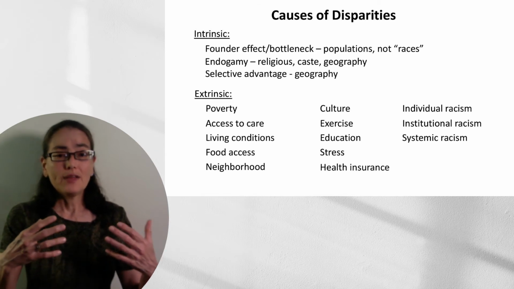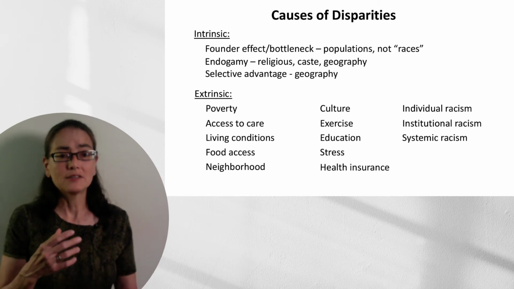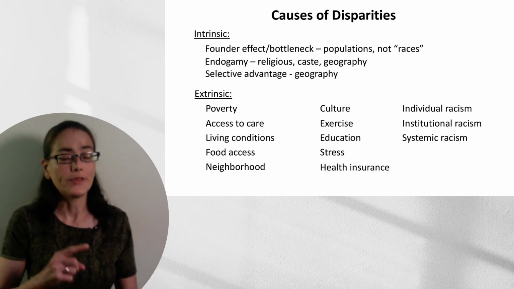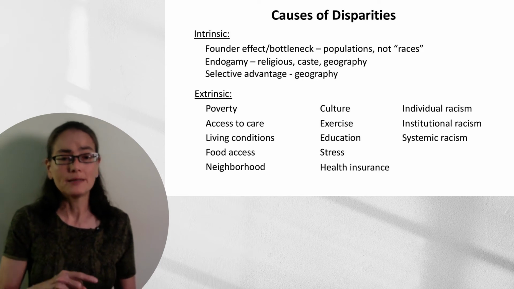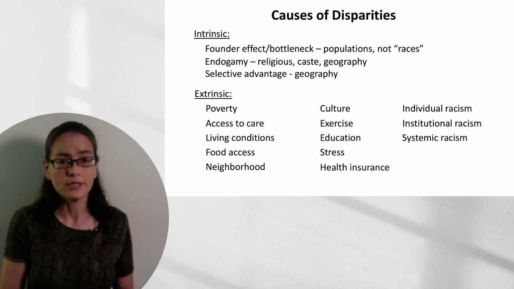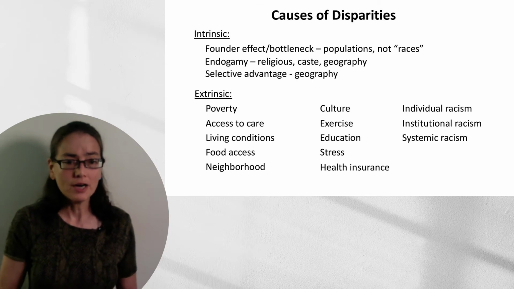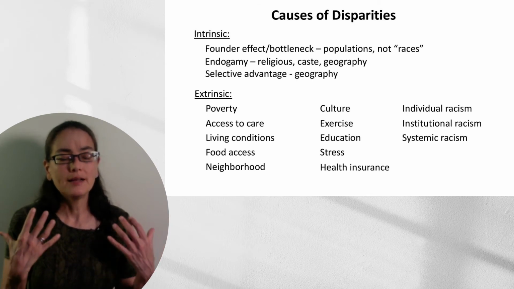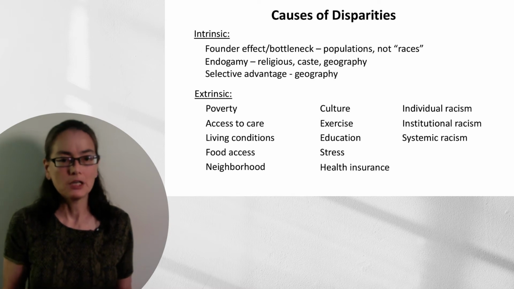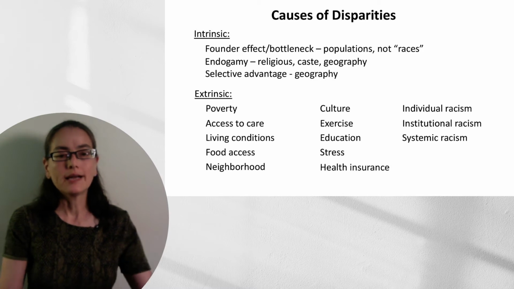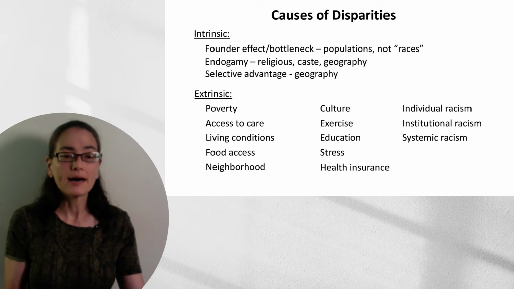Well, if they can't get to the doctor because they don't have health insurance, or they don't have someone to take care of the kids, or they can't get to the hospital because they don't have transportation, or they can't leave their job, that is a much bigger impact on their health than whether they have a particular genetic variation.